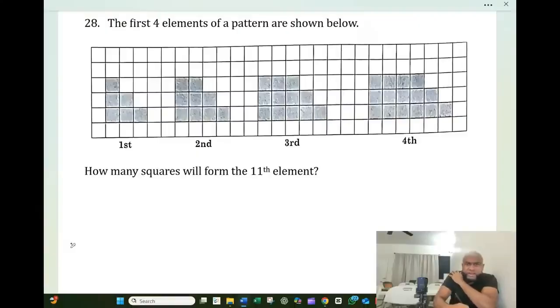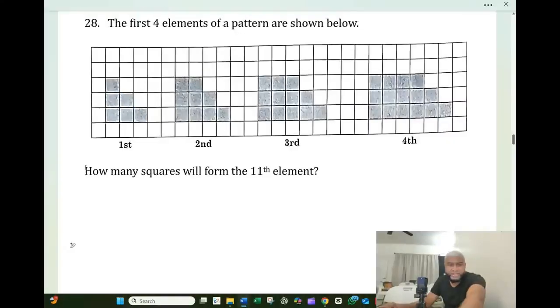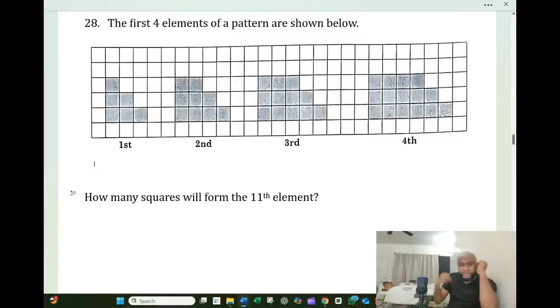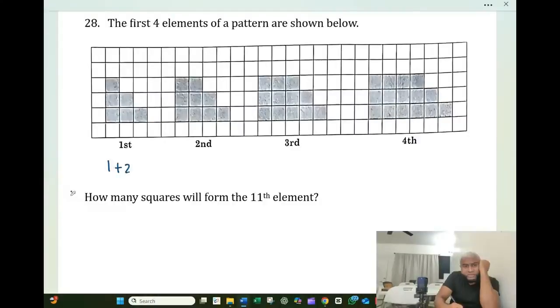So this one here, to figure out how many boxes we have, let's start with this will be like 1, then these would be like 2, and then you have 3. Everybody good there? Then here it went up by how much? It went up by 3. Then it went up by 3. So it's actually increasing by 3. So could we safely say that this first one would actually be 1 plus 2 plus 3?